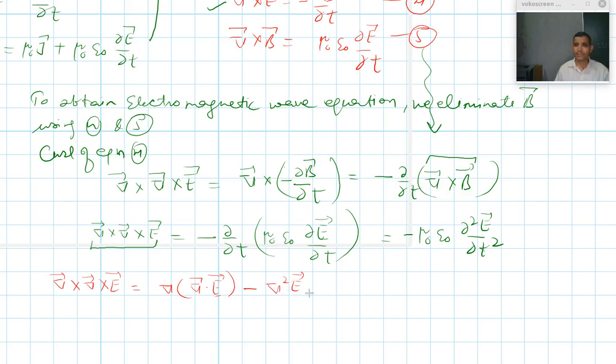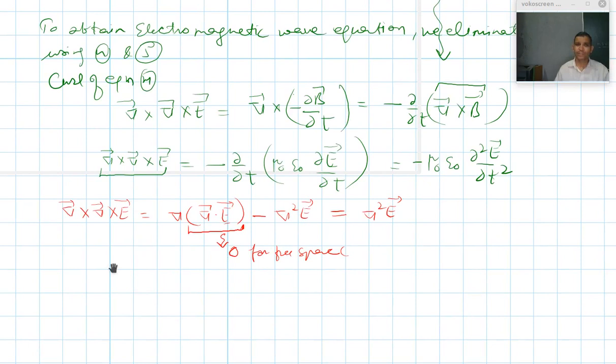This is the way things can be written. But if I use equation number 2, del dot E is 0 for free space, then this can be written as minus del square E simply.